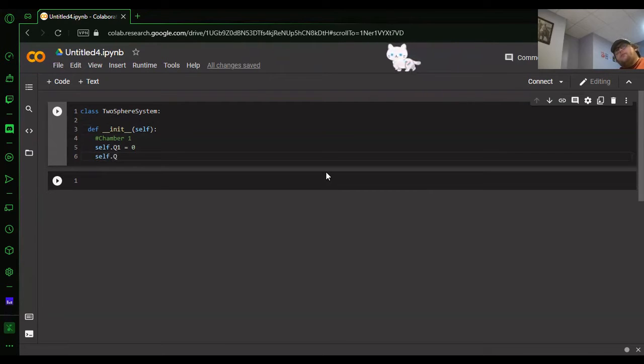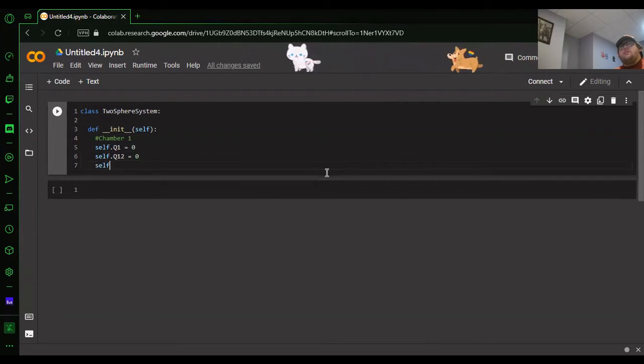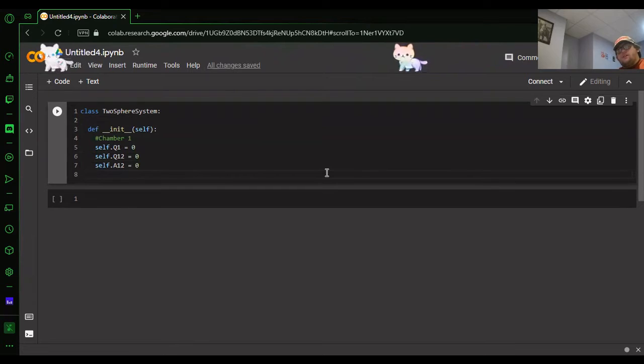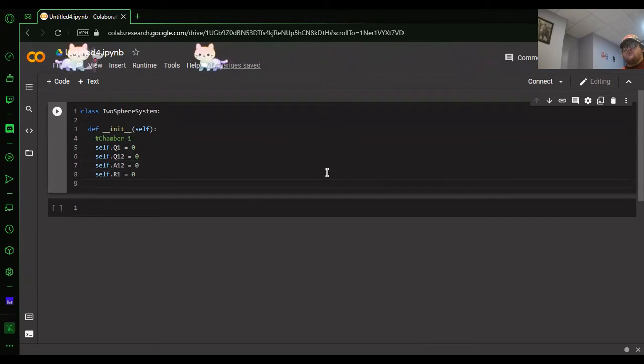We have an outlet flow rate, also equal to some value. And then we have a cross-sectional area for 1, 2, the pipe going from chamber 1 to chamber 2, equal to some value. The sphere of the tank has a certain radius, which we'll call R1. And then chamber 1 will have an initial height.